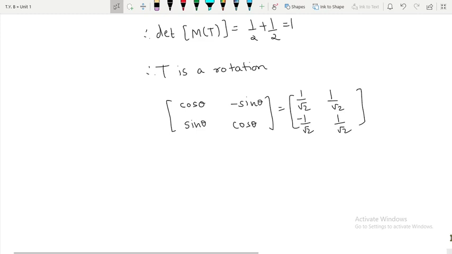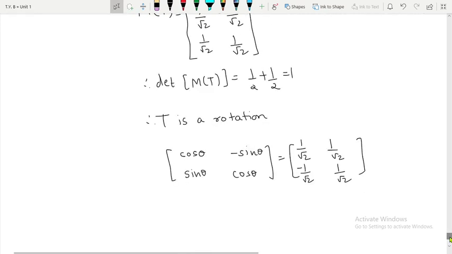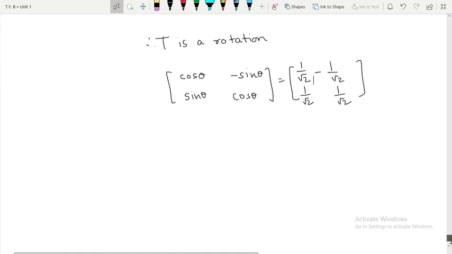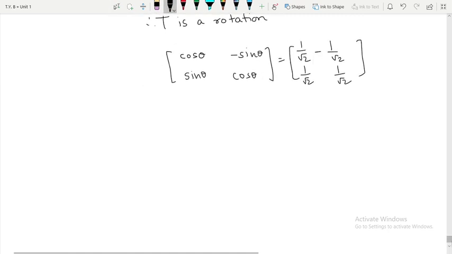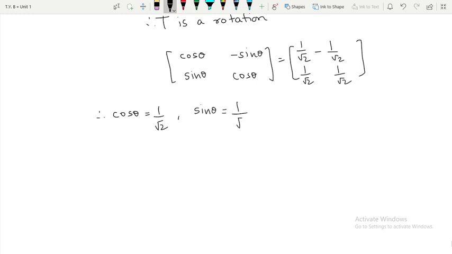Over here it is plus, and over here it is minus. So what you are going to get is cos theta is equal to 1 upon root 2 and sin theta is equal to 1 upon root 2. So what should be theta then? Just now we have seen it is pi by 4, therefore theta is the angle of rotation.